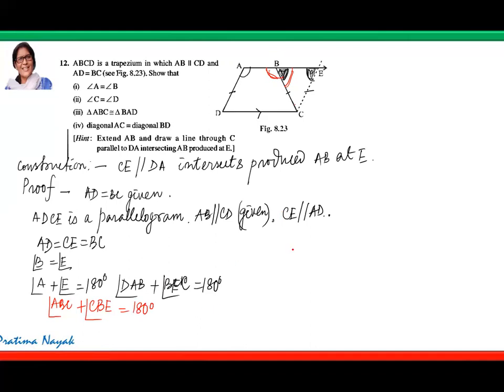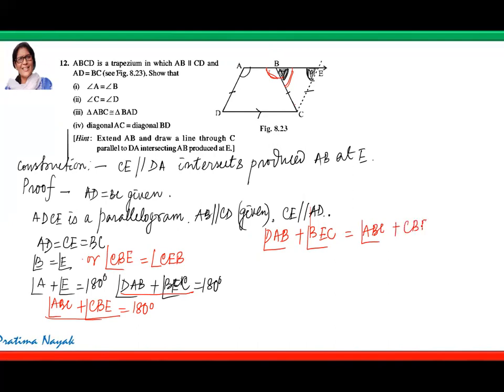So what am I getting? I am getting many things. One is B is equal to E. Angle CBE is equal to angle CEB. So I'm making these two expressions equal. I'm writing here DAB plus angle BEC is equal to angle ABC, because all the pairs make 180 degrees.